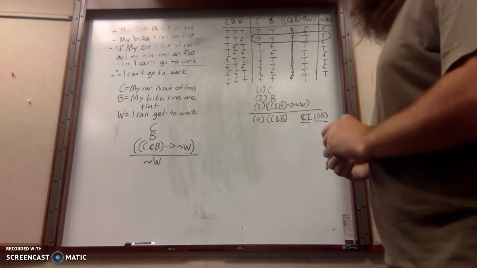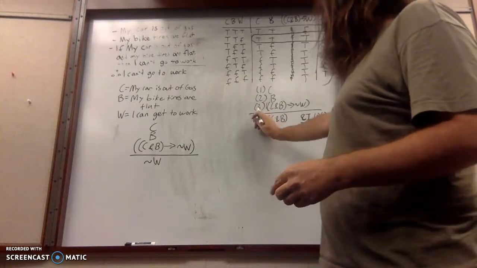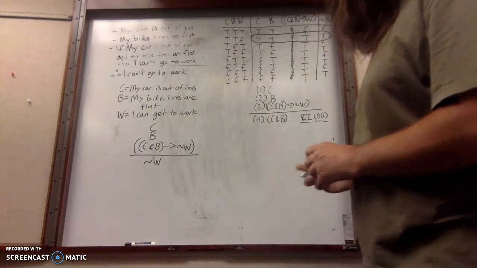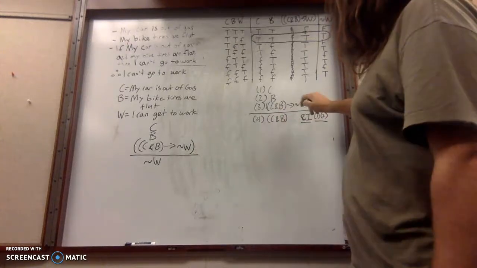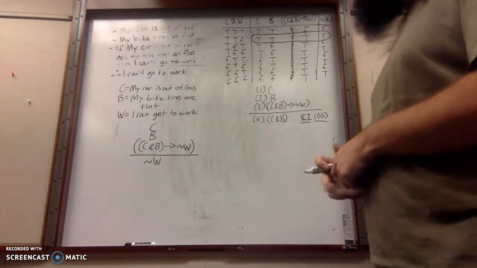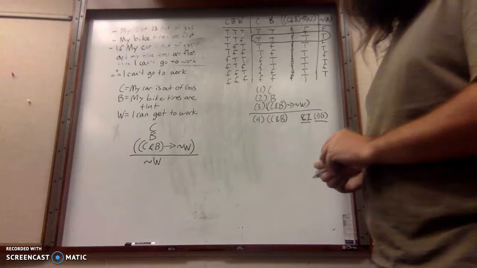Now, what can I do? Well, I notice that now I have C and B, and line 3 says if C and B is true, then not W is true. Or if C and B are true, then it's not the case that W is true.